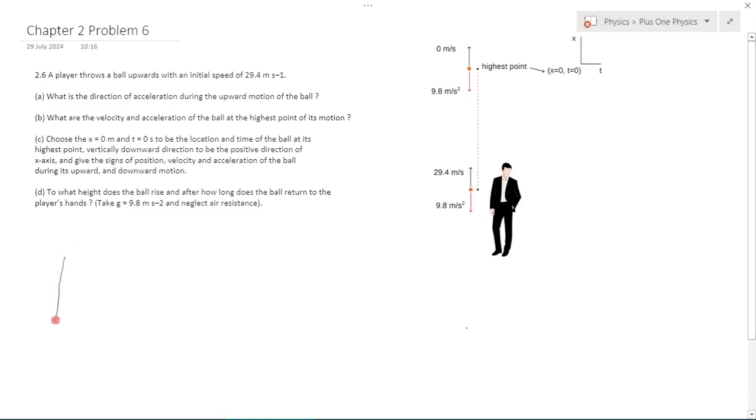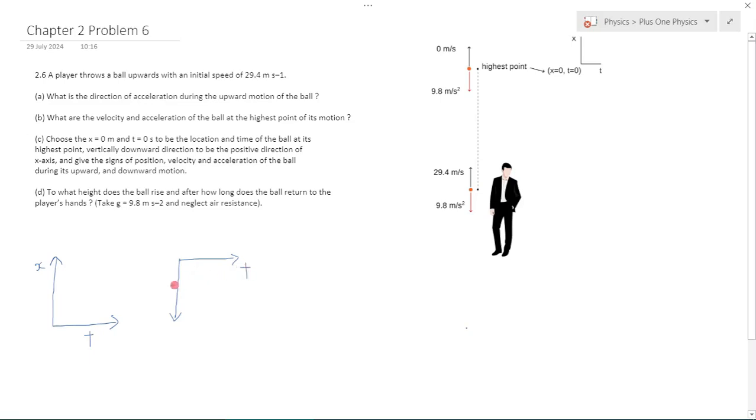Okay, so normally we have an x-t graph like this. Time will be on the x-axis and position on the y-axis, and position will increase in the direction of the x-axis. But here the question is forcing us to take it like this.